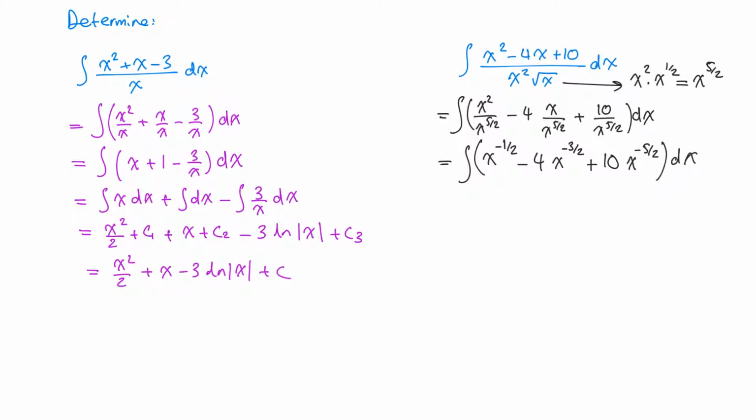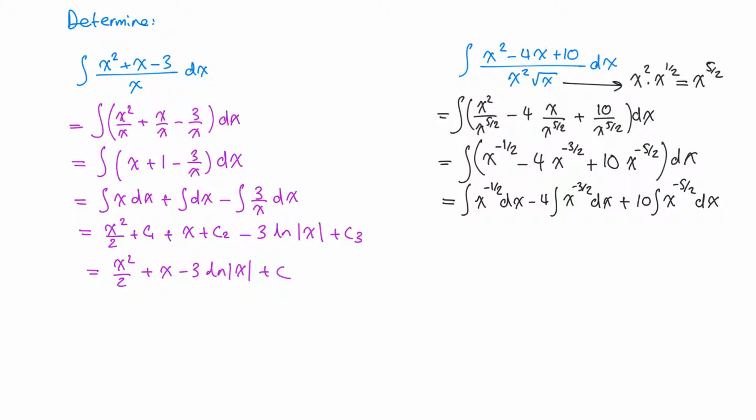Next thing I will do is separate all of these, and I get integral of x to the negative 1 over 2 dx minus 4 integral of x to the negative 3 over 2 dx plus 10 integral of x to the negative 5 over 2 dx.